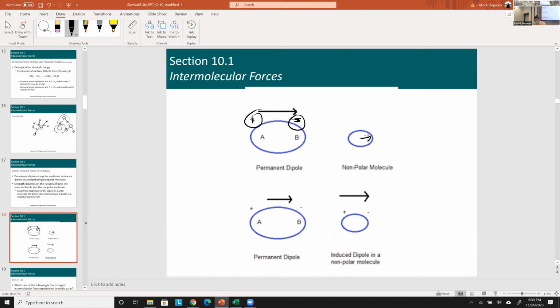That shift in electrons induces a dipole creation in the nonpolar molecule, and the permanent dipole is in the polar molecule. So that can happen too. And this is stronger than just a normal London dispersion force, but it's weaker than the other ones, obviously, because you're involving a nonpolar molecule. Generally, nonpolars have a lot weaker intermolecular forces than polar.